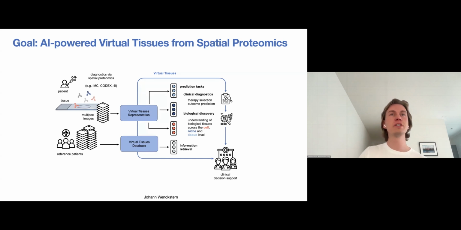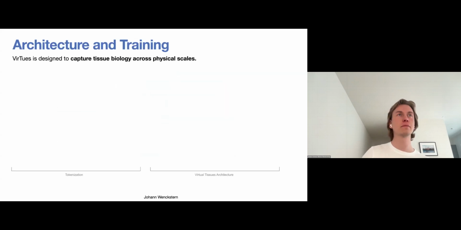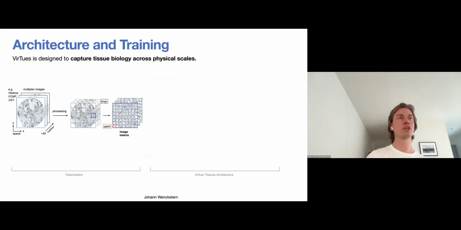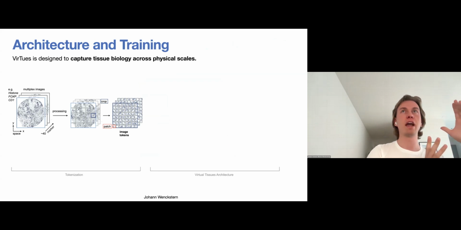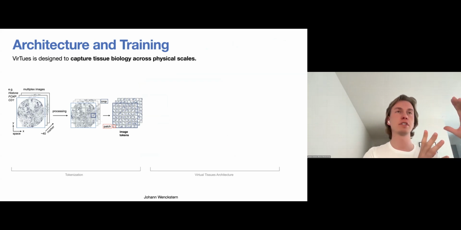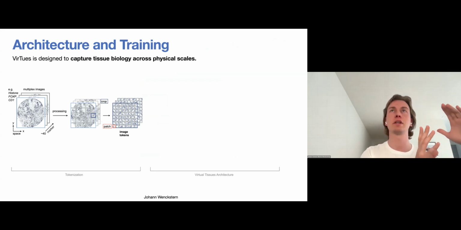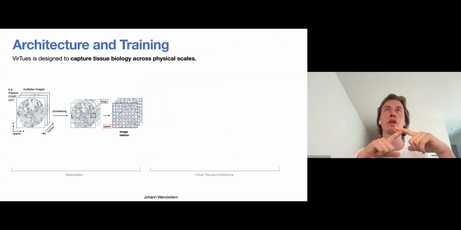And the centerpiece of the work is a new deep learning architecture for this multiplex imaging data and the corresponding training pipeline, which I will now explain in detail. So we start with the highly multiplex images. The very first step, besides pre-processing such as clipping and normalization, is that we crop them to smaller areas.